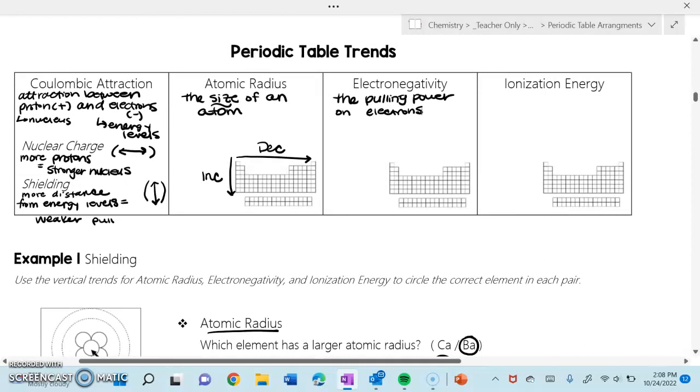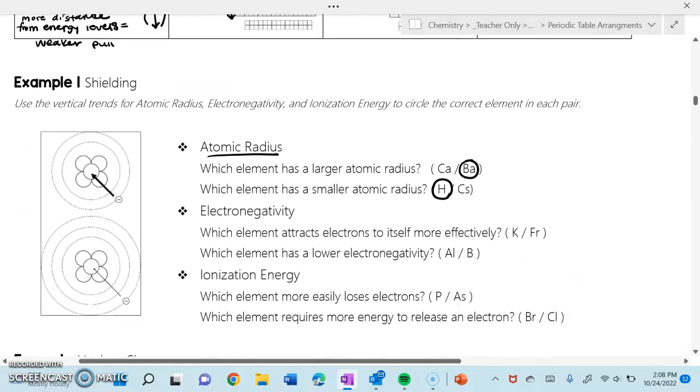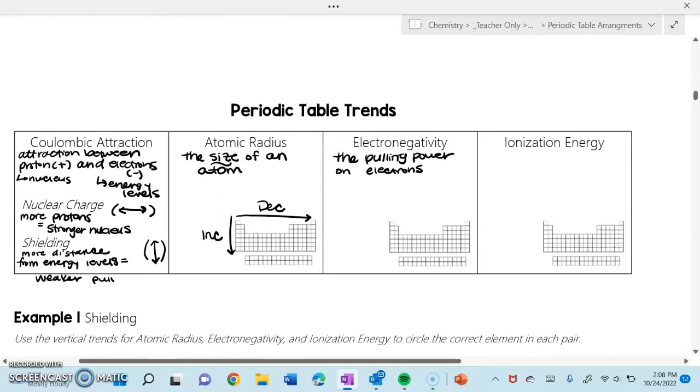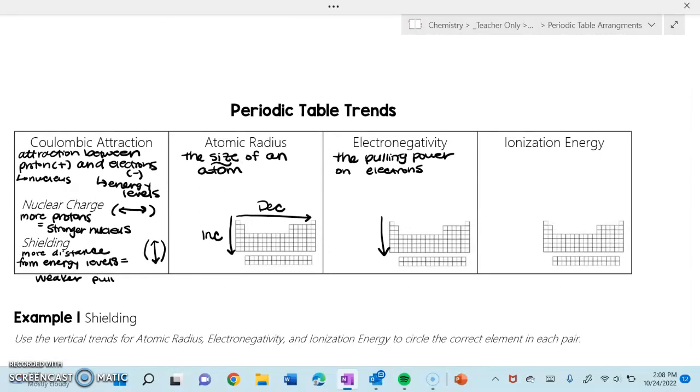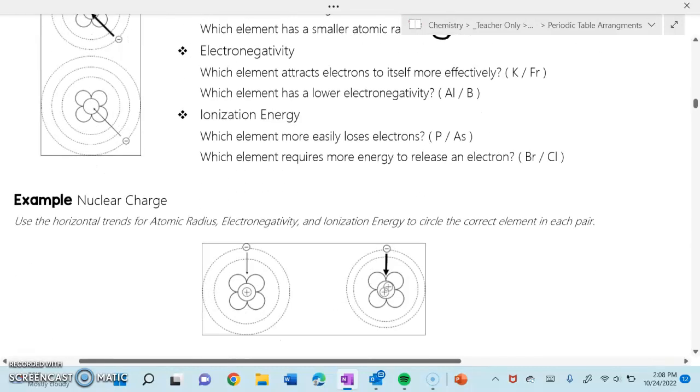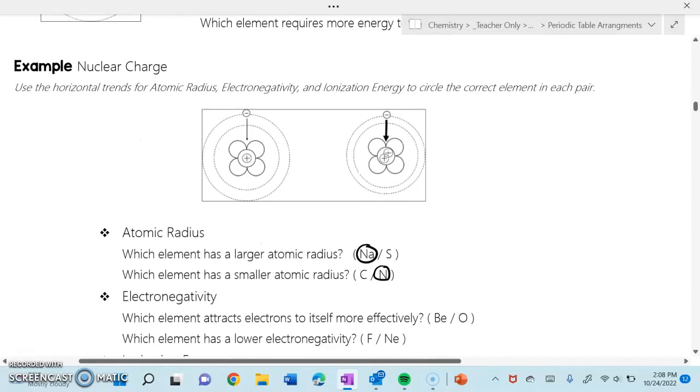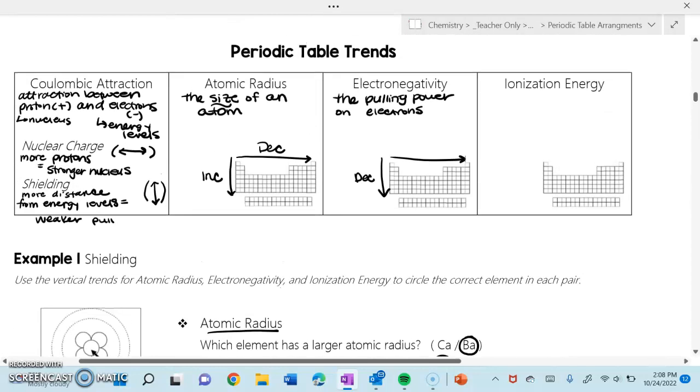So going down, shielding, we get farther away from the nucleus, causing a weaker pull. So down, it decreases. Going across, our magnet nucleus is getting stronger, so our pulling power increases going across. Now, if you think about the properties of metals and nonmetals, this also makes sense because nonmetals want to gain electrons.